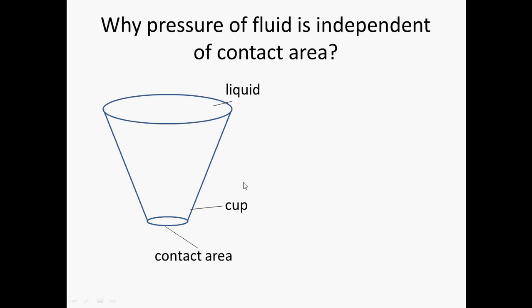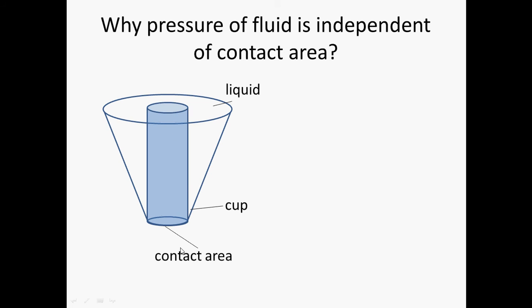Alright. So first of all, you need to know that because this is a liquid, the weight of the liquid that is going to exert any pressure on the contact area is only the region that is directly above it. So if you draw a region that is directly above the contact area, you will form a shape that has the same cross-sectional area as the contact area.